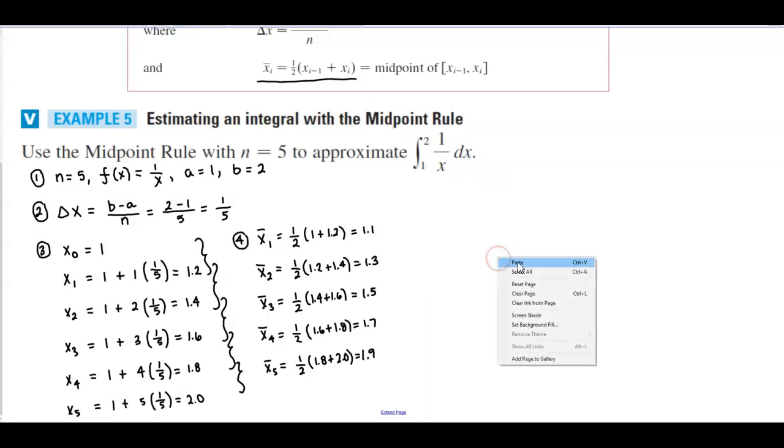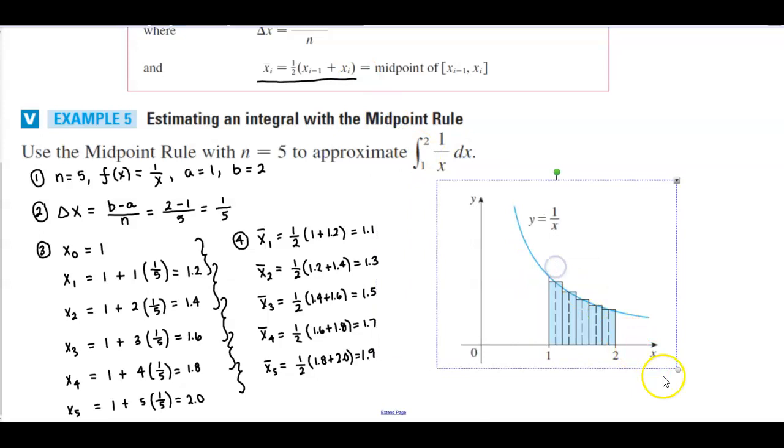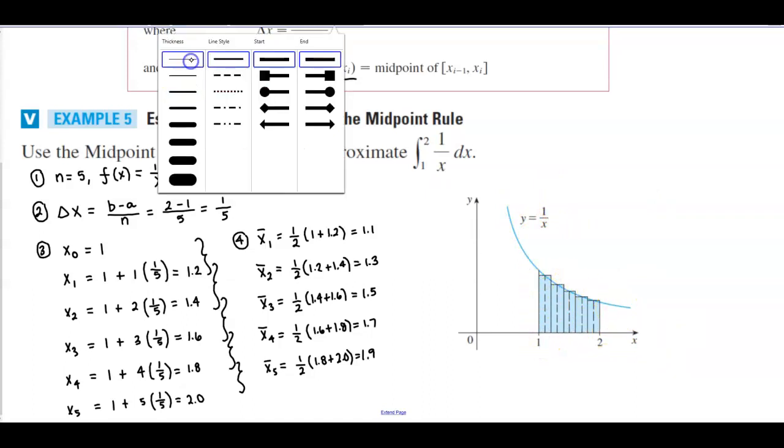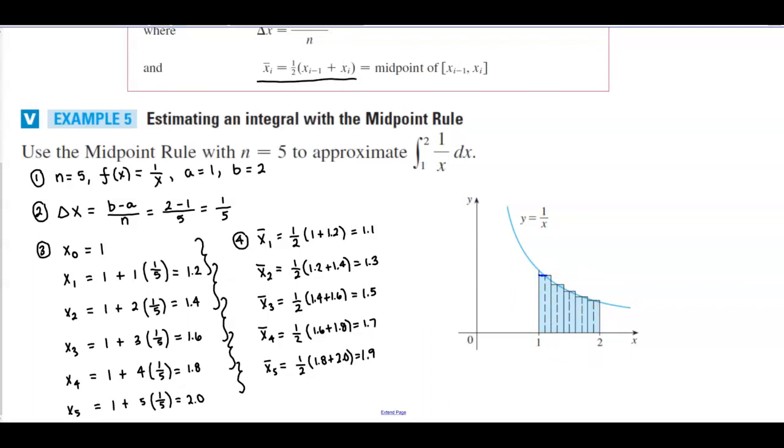Okay, now let's take a look at what this looks like visually. So here's our graph. We have the function y equals 1 over x, and we have our 5 rectangles. Again, we're going to the right.